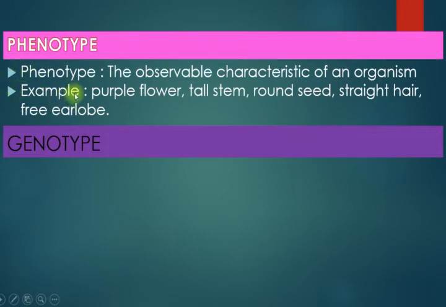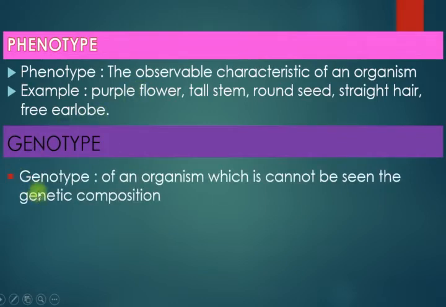For example, the purple flower is an observable characteristic that we can see from an organism. Tall stem, round shape, straight hair, free earlobe, all of these are phenotype.